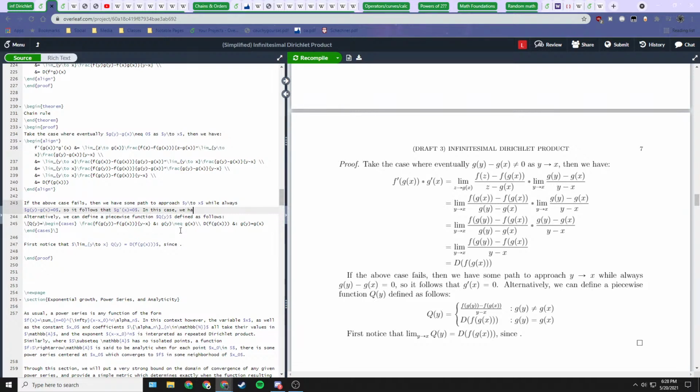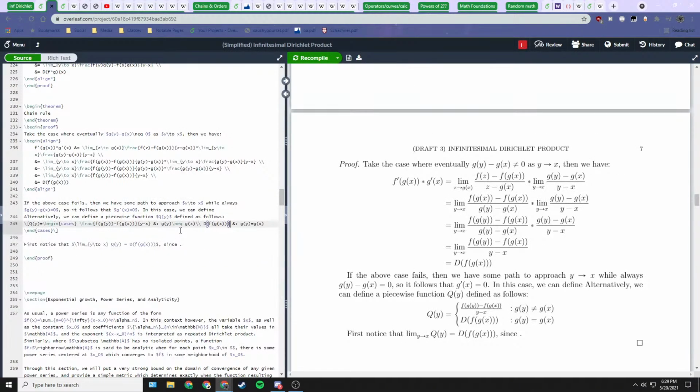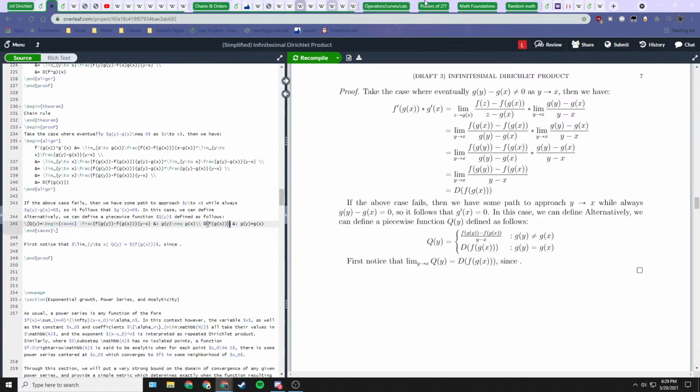So if this fails, eventually g prime of x is 0, and we can define the function.